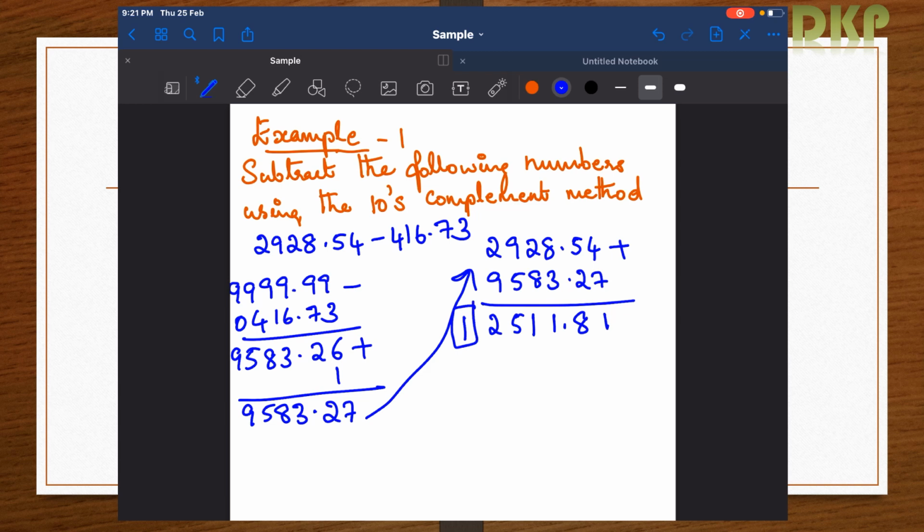So there is a carry here. So in this tens complement method, if there is a carry, you have to ignore this carry. And this itself is the answer. Ignore the carry and the answer is 2511.81. Answer is positive.